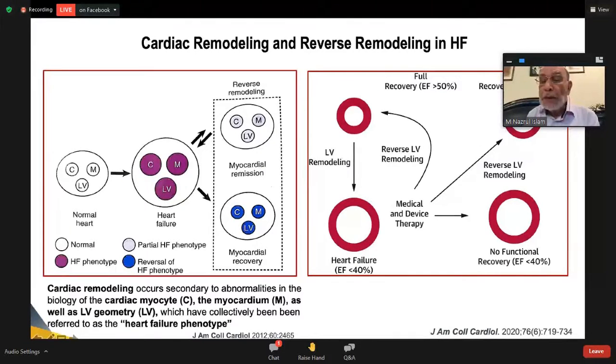If there is partial recovery, we call it myocardial partial remission, and if there is no remission, there will be no recovery. So heart failure is pathophysiologically a dynamic process by itself, and its prognosis also changes with medical, surgical, or device therapy.